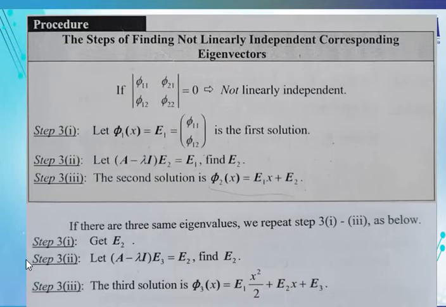This is the procedure for eigenvectors not linearly independent. If we have tested that the eigenvectors are not linearly independent, first of all, we need to let eigenvector 1 equal to E1, and then eigenvector 1,1 and 1,2 is the first solution. So we follow all the steps here.